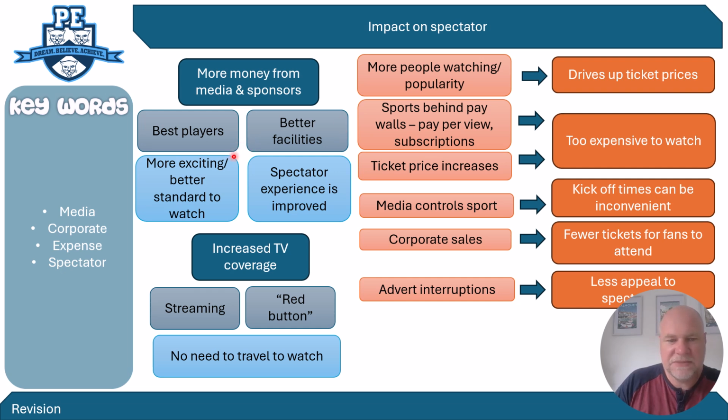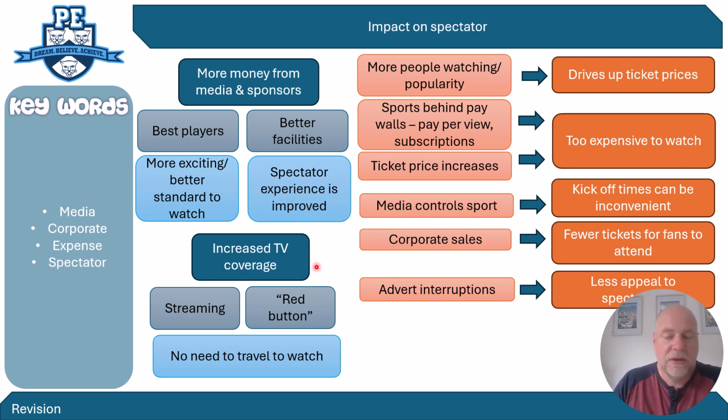Now, better players make the game more exciting and increase the standards of the game and the team, so that's a positive for the spectators. Whereas better facilities make the spectators' experience much more improved. So going to a better stadium is a more interesting and entertaining experience for the spectators.